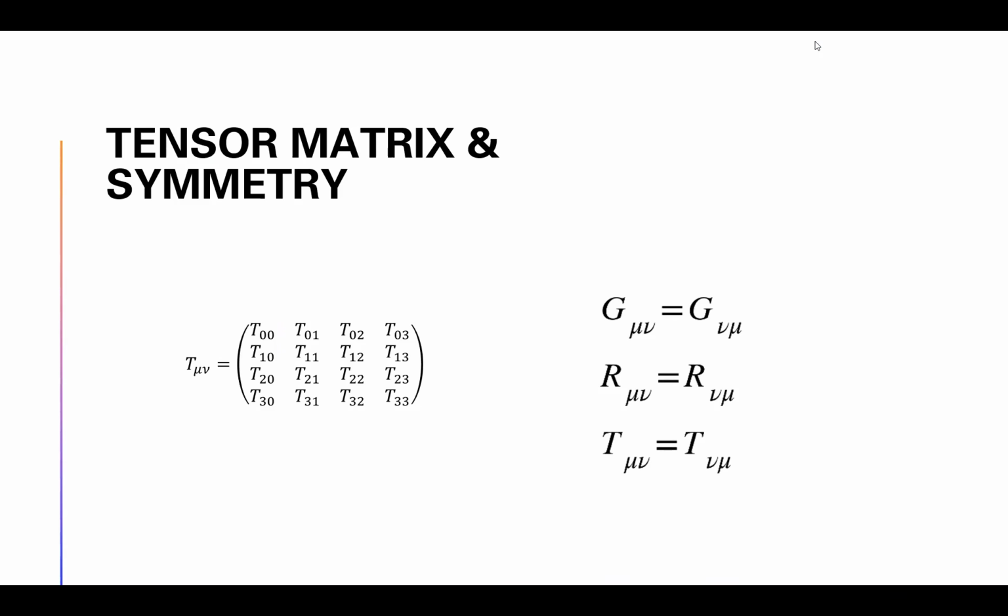There's an equation for every one of the components in the matrix, and while there are 16 components, there are only 10 equations due to symmetry. For example, the component T01 is equal to T10, and so on. The indices that you will see for these tensors will always equal 0, 1, 2, or 3.